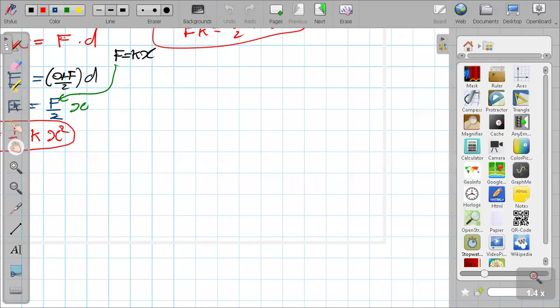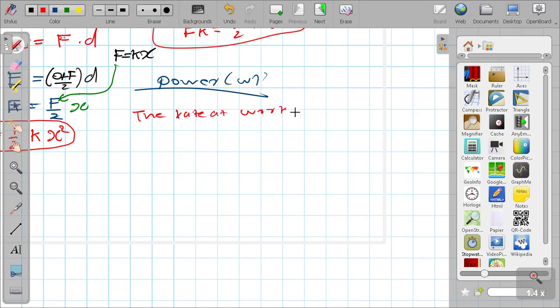Things called power. That's called power. So what is the definition of power? Definition of power is the rate at work done.